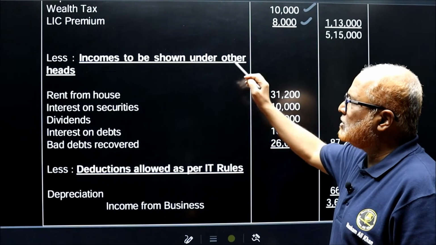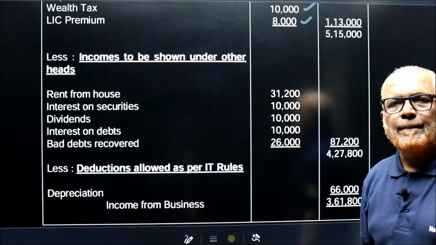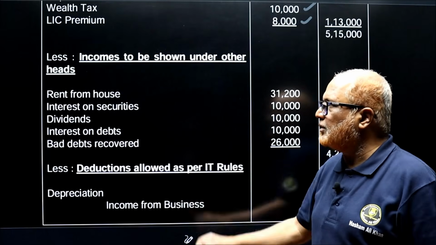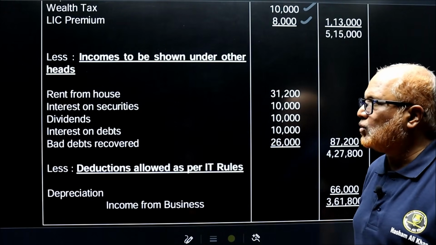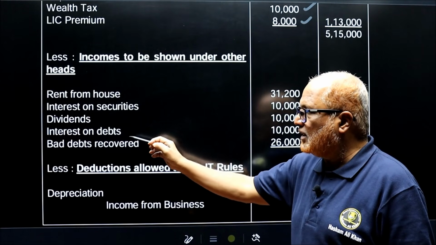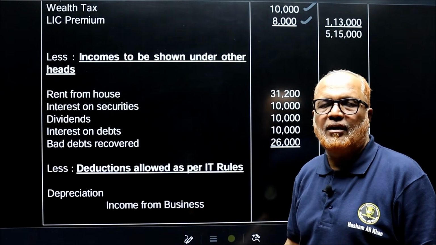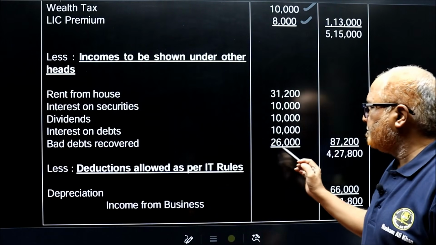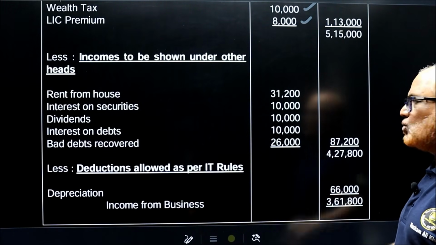Now incomes to be shown under other heads. Some incomes are credited to profit and loss account but not deductible. Rent from house 31,200. It is taxable under income from house property. Interest on security, dividend, interest on debt, bad debt recovered. That is also not taxable because it was disallowed earlier. Total deductions are 87,200.